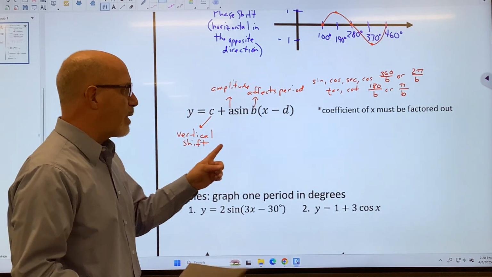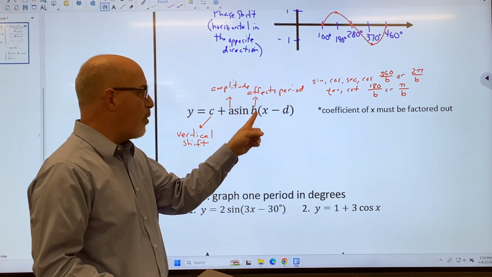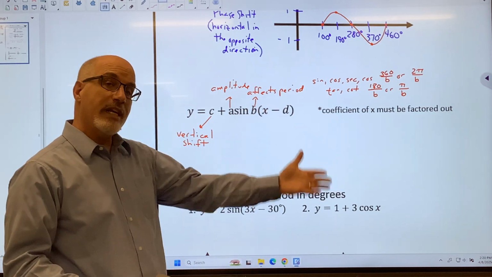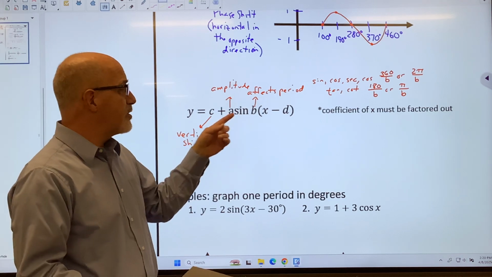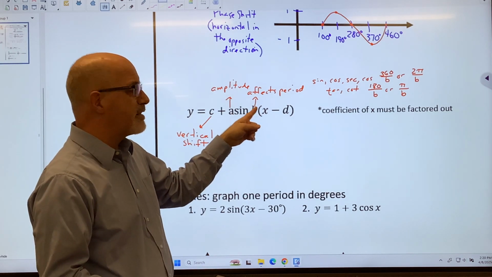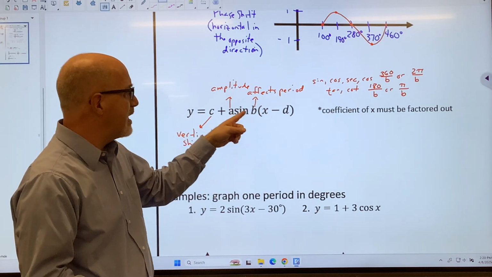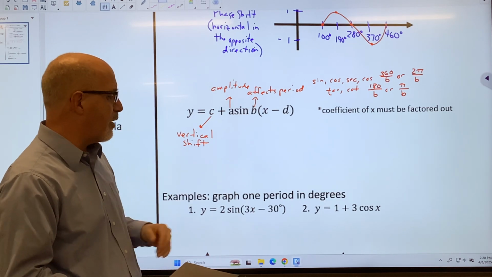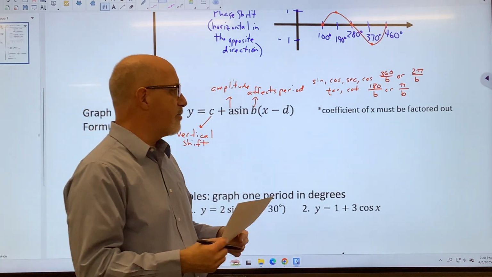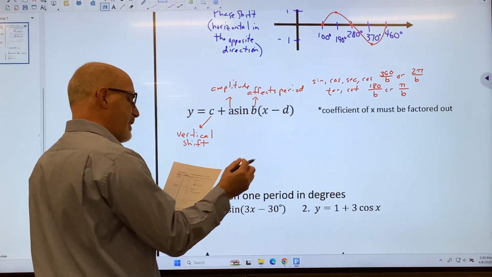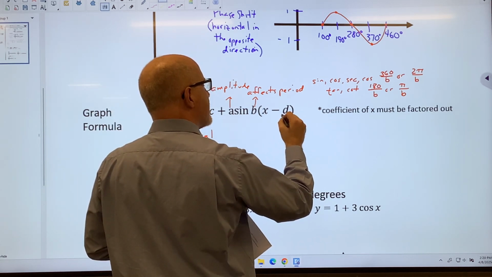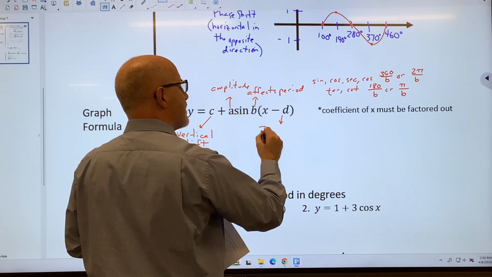Now it's important to recognize that if there's a coefficient in front of the x, we need to distribute it out. So this x has to be by itself inside the parentheses. If there's a number in front of it, we'll take it out. I'll show you an example down here of what that looks like. Okay, and then this last number here, this is my phase shift.